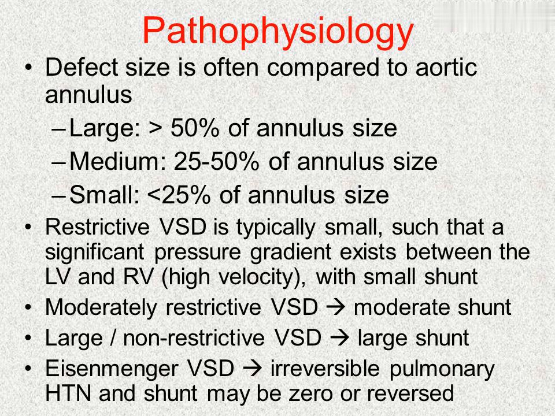Restrictive VSD is typically small, such that a significant pressure gradient exists between the LV and RV, high velocity, with small shunt. Moderately restrictive VSD, moderate shunt. Large, non-restrictive VSD, large shunt. Eisenmenger VSD: irreversible pulmonary hypertension and shunt may be zero or reversed.